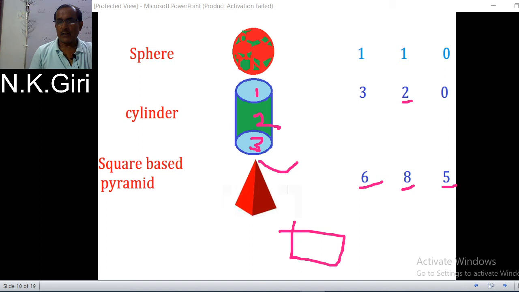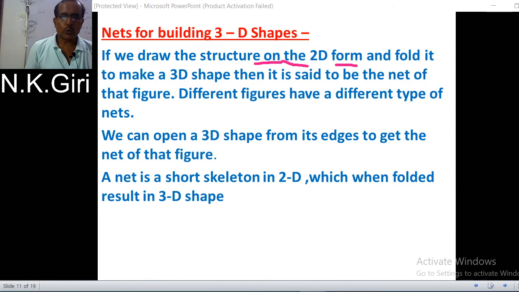Next, for building three-dimensional shapes, we will study nets. If we draw the structure in two-dimensional form and fold it to make a three-dimensional shape, then it is said to be the net of that figure.